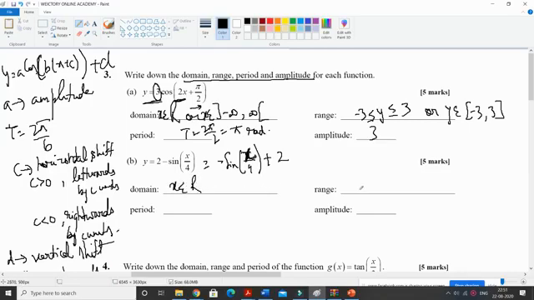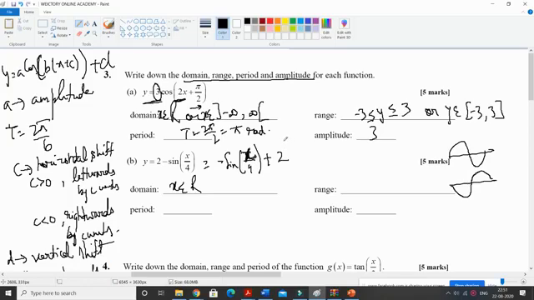Our range. Now generally the sine range is -1 to 1, but in this case it is minus sin(x over 4). It means the graph will flip its sign. Instead of the sine graph being like this, the minus sine graph will be like this, and it will shift upwards by 2 units.